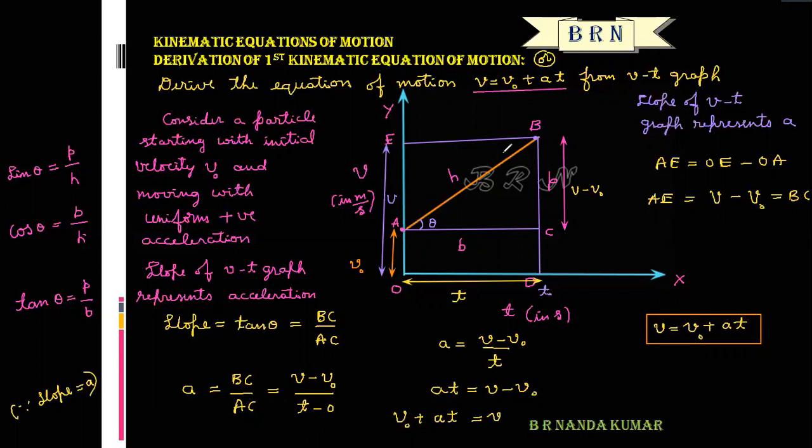Actually, the slope of VT graph represents acceleration, right? The slope is equal to tan theta. Tan theta is perpendicular divided by base. So what is the meaning of slope? Slope is the ratio of vertical distance divided by horizontal distance between 2 points on a straight line.